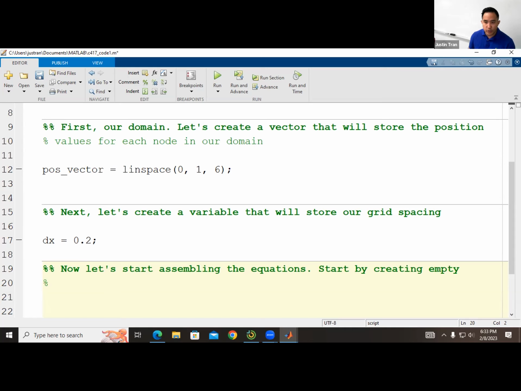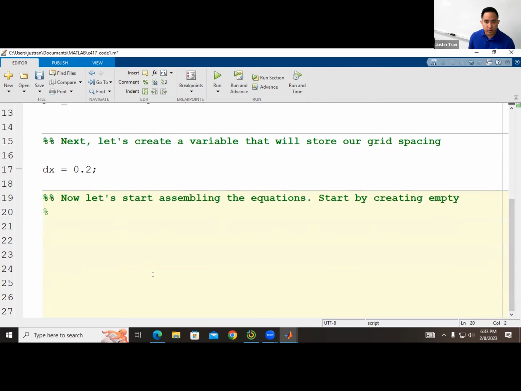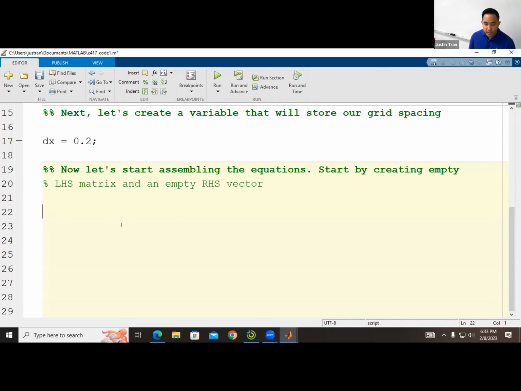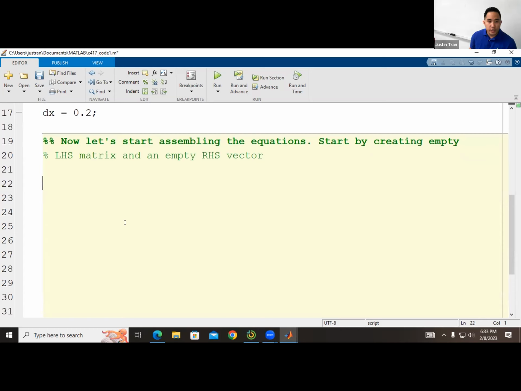All right, so the first thing we're going to do is create empty vectors. Okay, so we're going to start by creating an empty left-hand side matrix and an empty right-hand side vector. Okay, so remember the way that we create empty vectors is that we use the zeros command. Okay, and so I'm going to create two variables here. So we're going to have left-hand side matrix, okay, is equal to zeros.